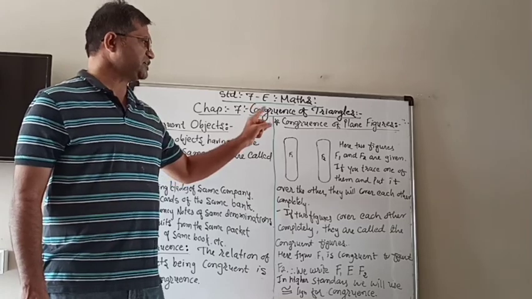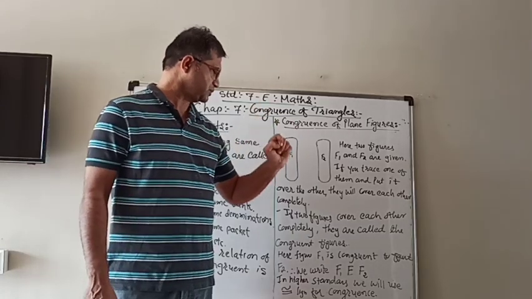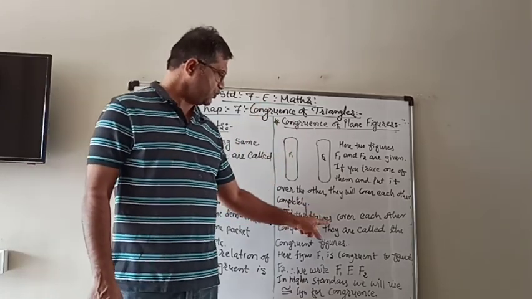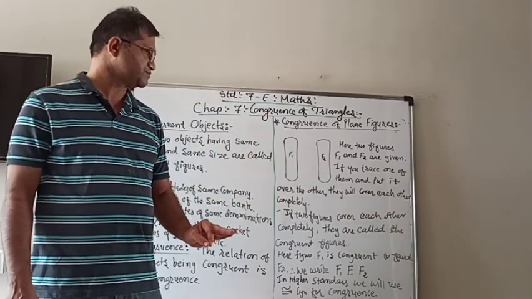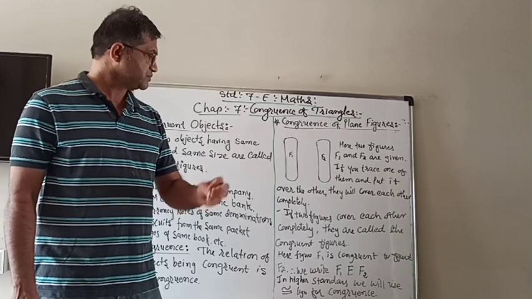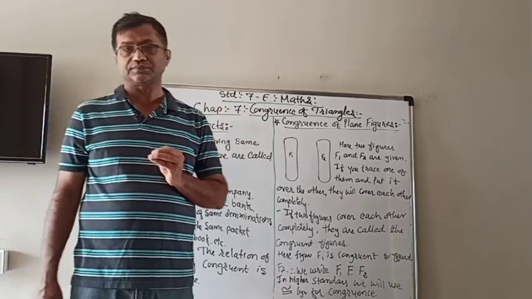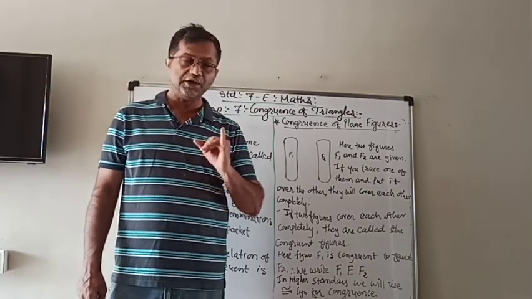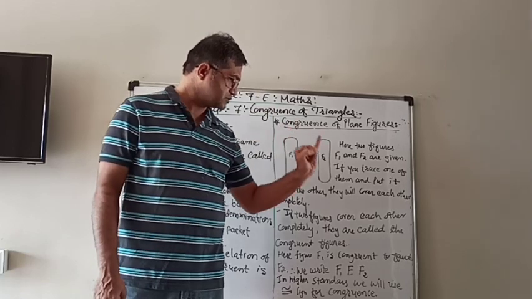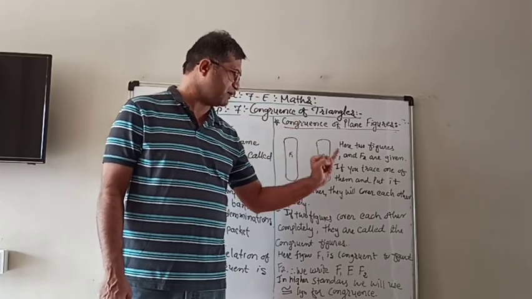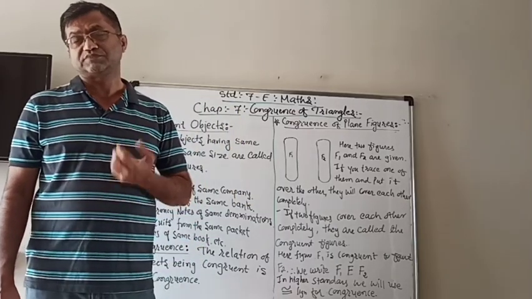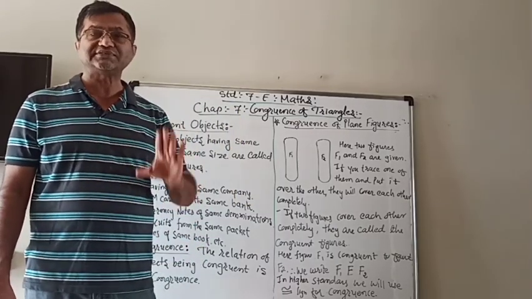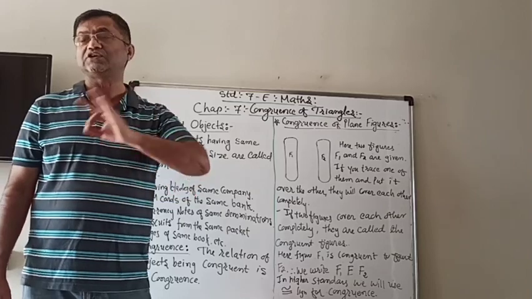So when can we say that two plane figures are congruent? If two figures cover each other completely, they are called congruent figures. If we can cover them completely onto each other, then those figures are said to be congruent figures.